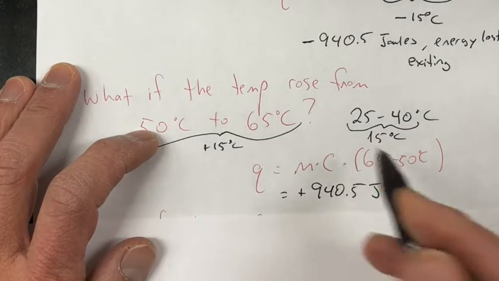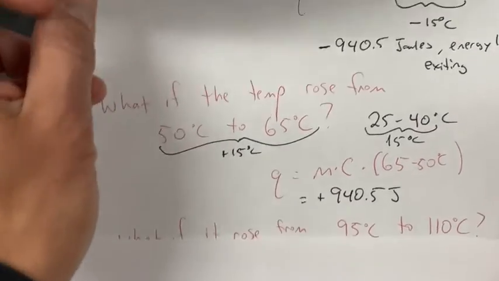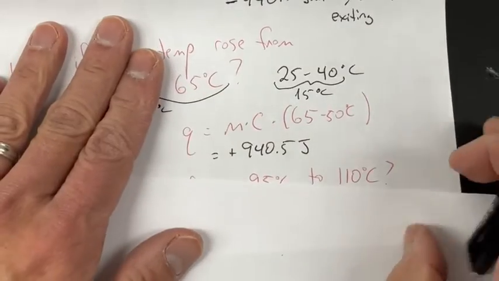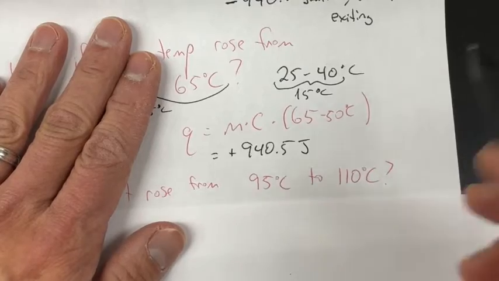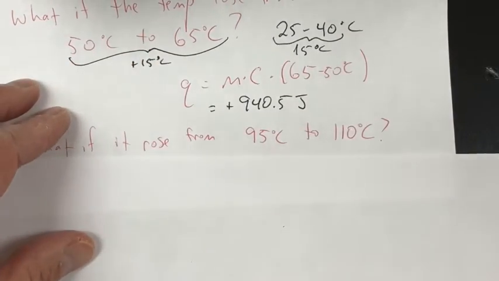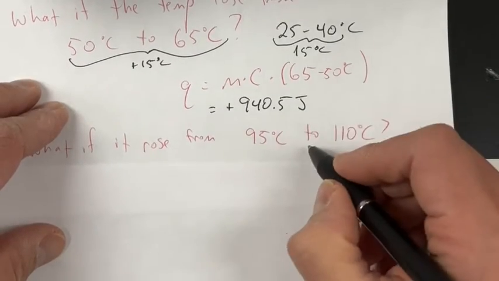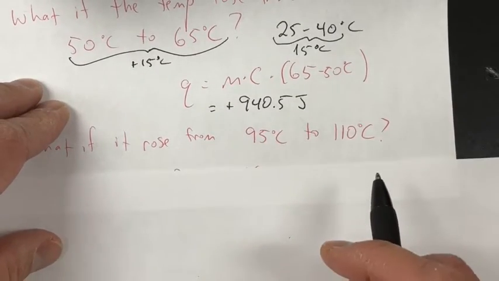Okay, so temperature change. What if I go from 95 to 110? Well, it looks like it would be the same here, but we know what happens to water at 100 degrees Celsius. It boils.